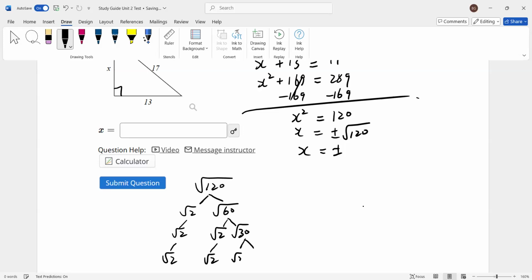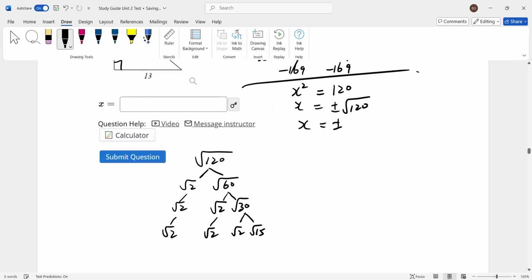Root 30 is root 2, root 15. 15 is root 3, root 5, which cannot be simplified. And those root 2's can be multiplied together to get a 2, right? And I think it's going to be 2 root 30. 30 does not have any positive square factor anymore. So 2 root 30 is the simplified form of root 120.